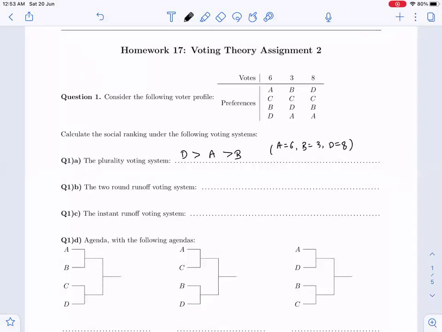Okay. And now under the two-round runoff voting system, since you only look at the top two, after round one, you eliminate B and C. And the top two move to round two.